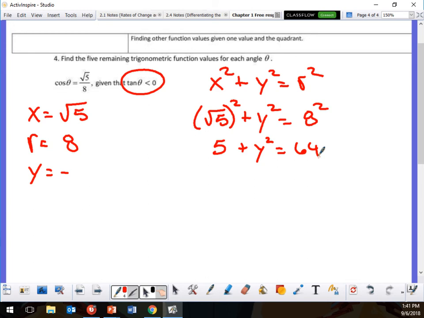Subtract 5 from both sides, so it's y squared equals 59. So y is equal to plus or minus square root of 59.